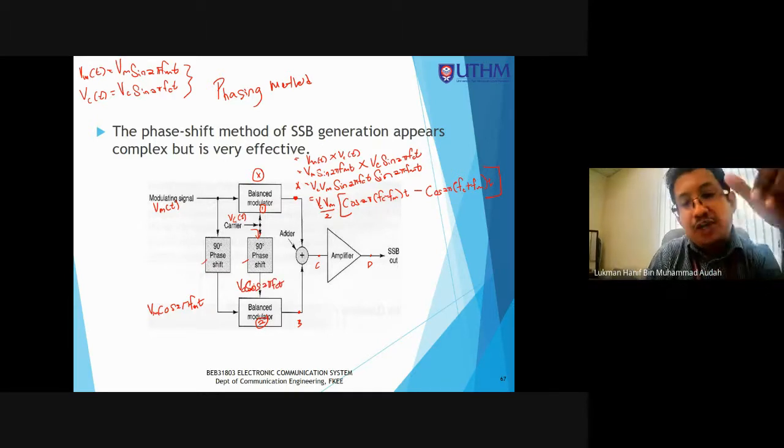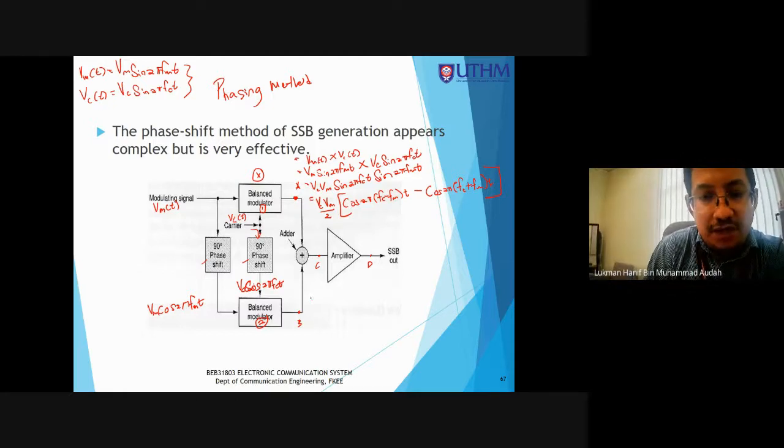And what happen at point B? Pada point B, dia akan jadi seperti ini. So maknanya Vm cos 2 pi Fmt multiplied with Vc cos 2 pi Fct. Okay.